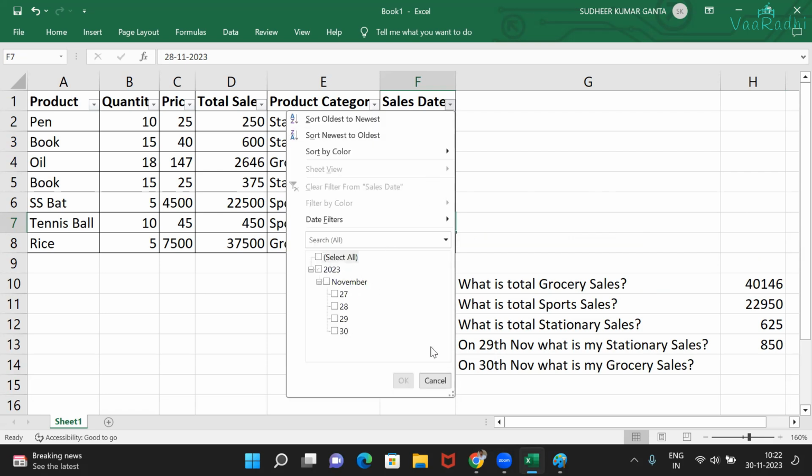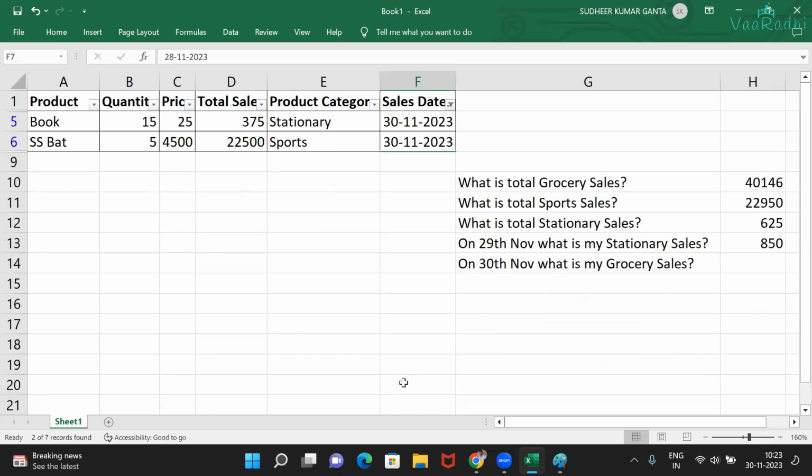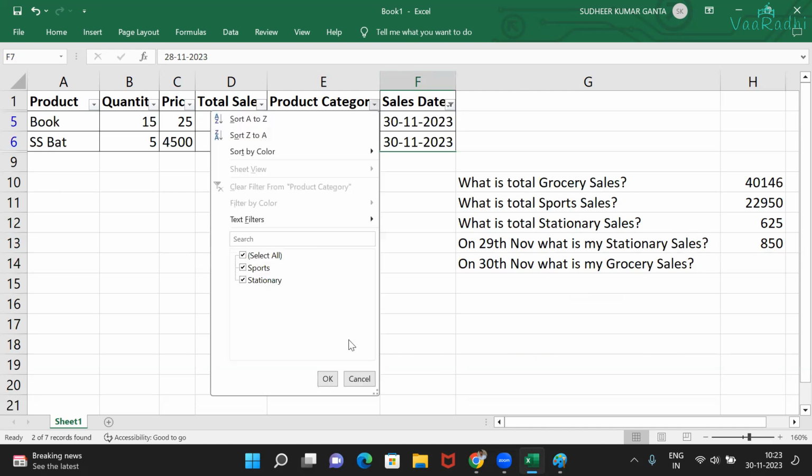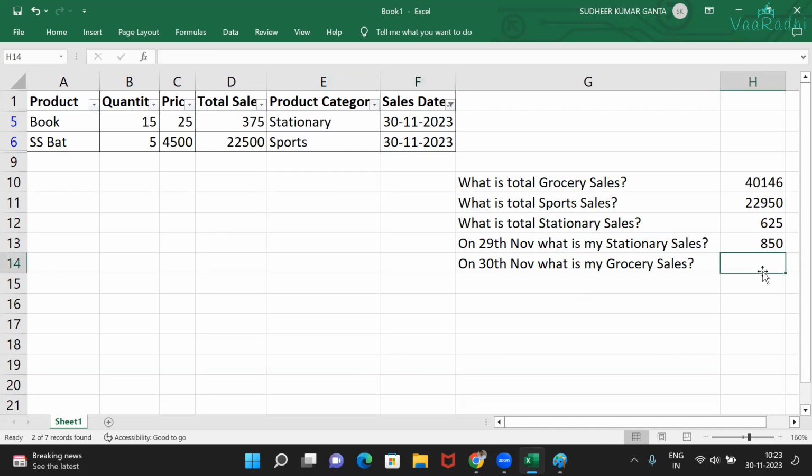Deselecting everything and choosing 30th November. No sales. If I check product category, do I have any entry for grocery? No. Then what will be the answer? Zero. Perfect. 0 is my total sales for that particular time.